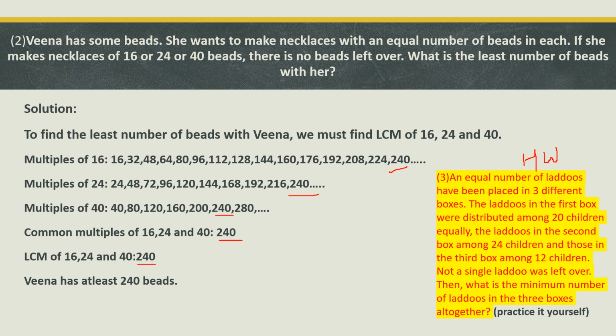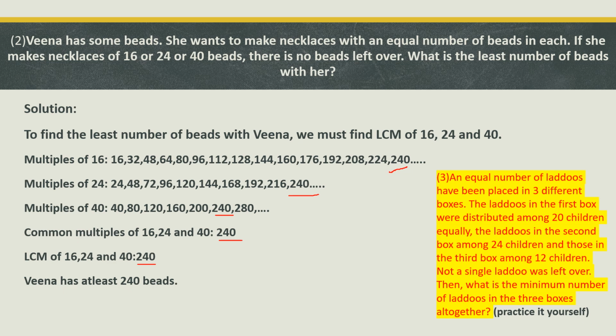No single laddu should be left over in each of the boxes. What is the minimum number? It's easy. You will find the multiples of 20, 24 and 12, and then the common multiples of all three. Whichever is the smallest number, that is your least common multiple. Got it? So do it, and if you have any doubts you can ask me in the comment section.